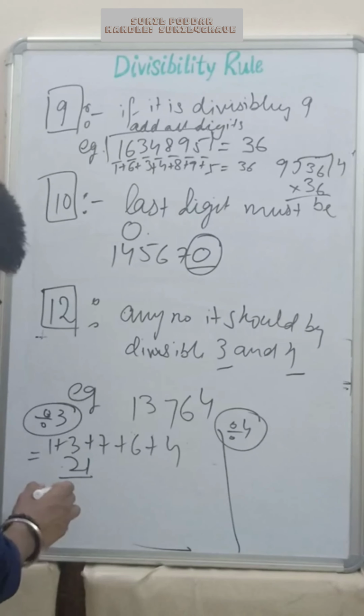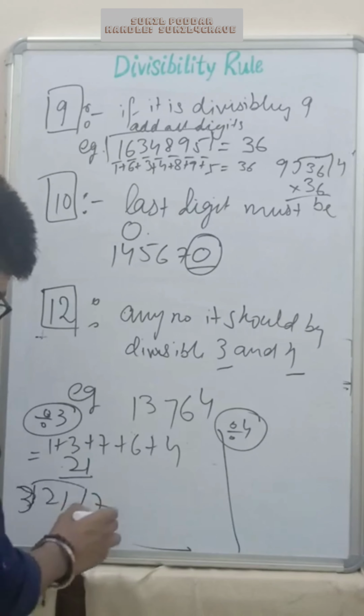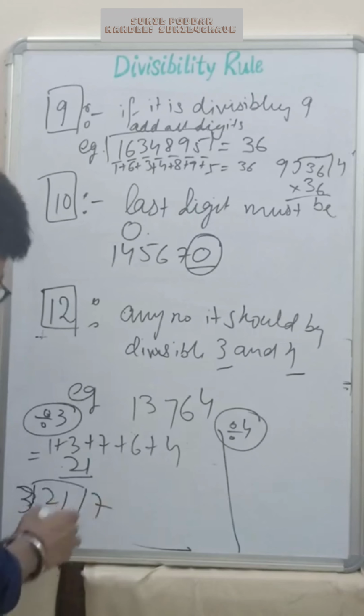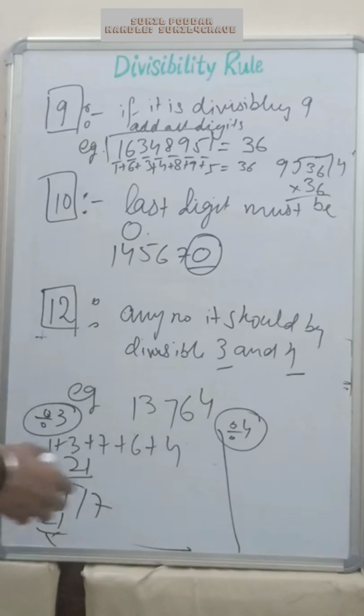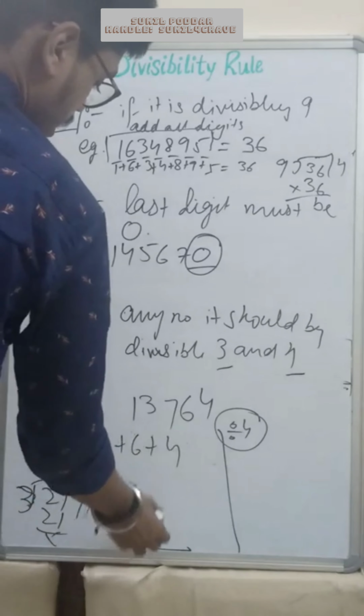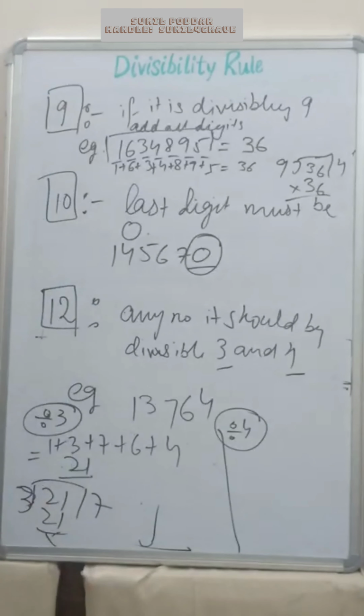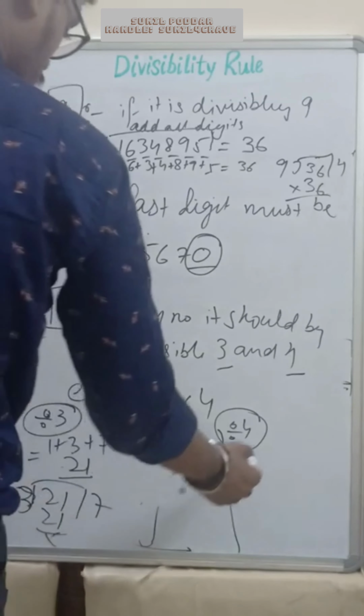Now it must be divisible by 4 also: we take the last 2 digits, which in 13764 are 64, and 64 is divisible by 4.